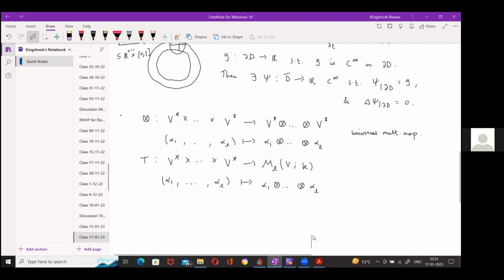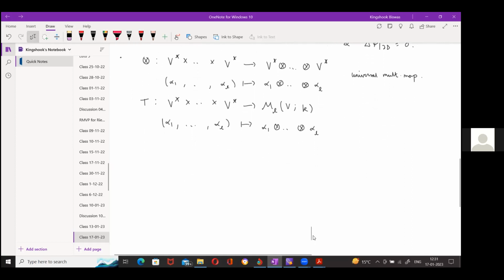So what we've shown is the following: if I take V star cross itself L times, then I have these two maps.